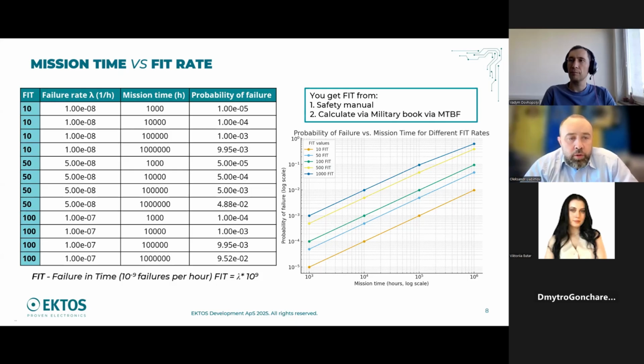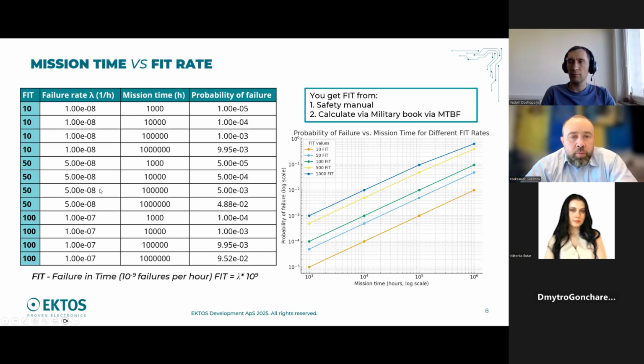And that FIT value is calculated extremely simply, because it allows us to get our lambda multiplied by 10 to the power of 9. And I think it's extremely simple to do this calculation.